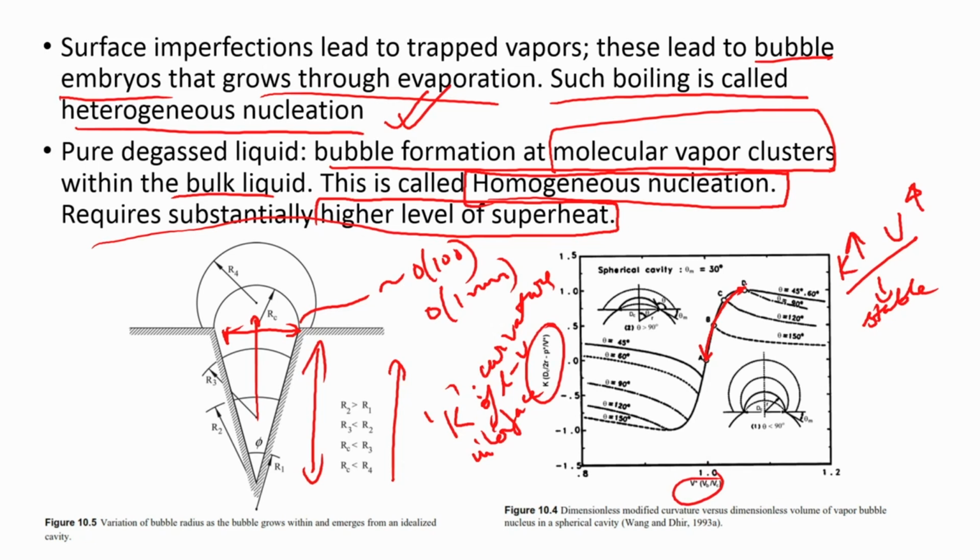Nucleation happens when K actually goes down as V goes up. So in this particular regime, when the curvature of the liquid vapor interface goes down with increase in volume, that is when you start to have nucleation, beyond the point D, where the curvature reaches its max.